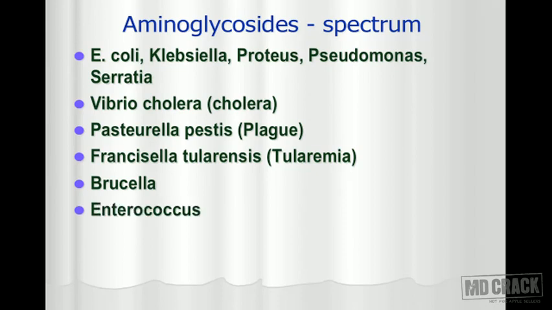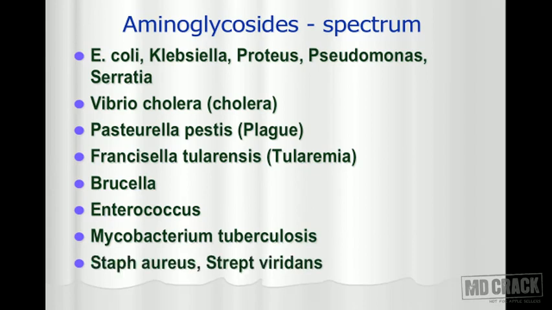Plus some aminoglycosides can be used against Enterococcus, and some aminoglycosides are useful against Mycobacterium tuberculosis, which is an acid-fast bacillus. Lastly, aminoglycosides have a capacity to inhibit Staphylococcus aureus and Streptococcus viridans. That's very typical. So we are talking of a group of agents which are mainly effective against gram-negative infections.